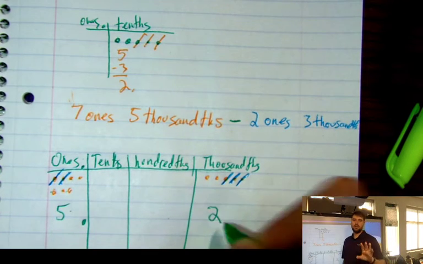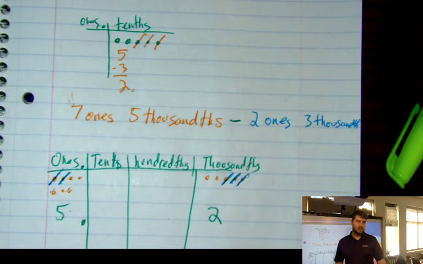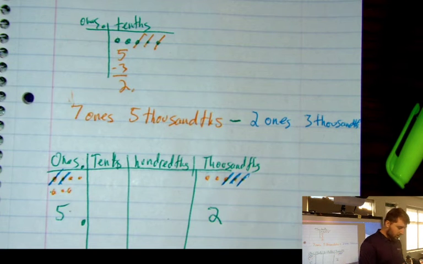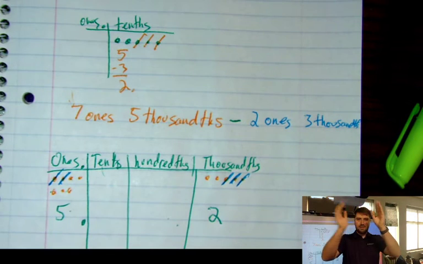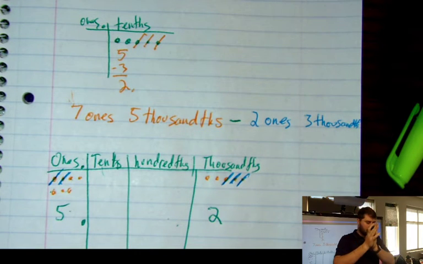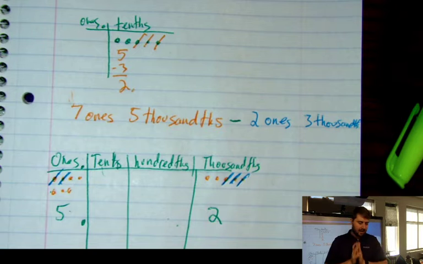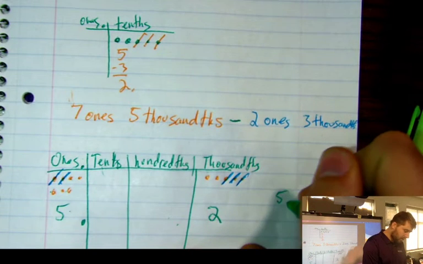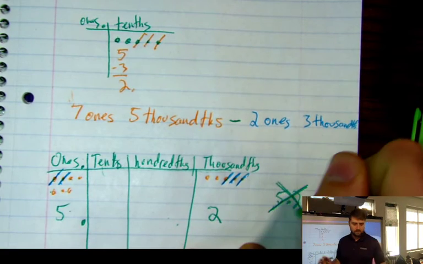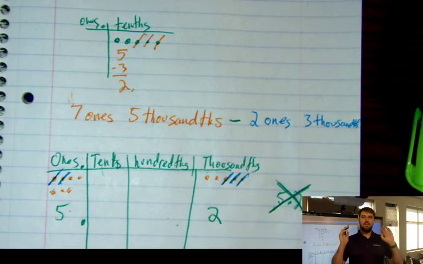But hold on. In order to get our answer in digit form, we have to fill in these 2 empty place values. We can't just smush the 5 and the 2 together and say 5.2, because that would not be right. We have 2 empty place values.